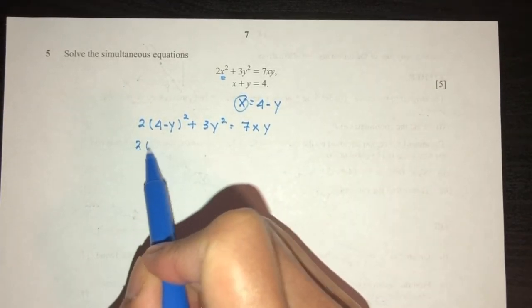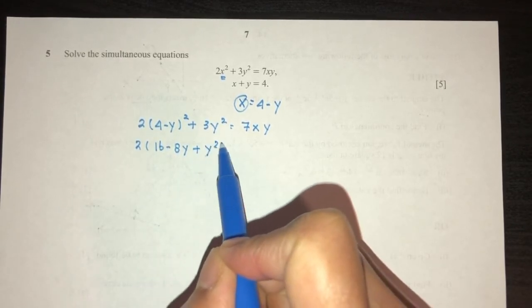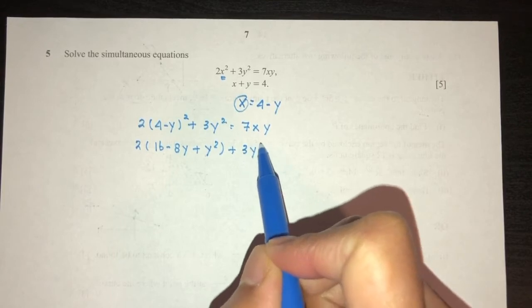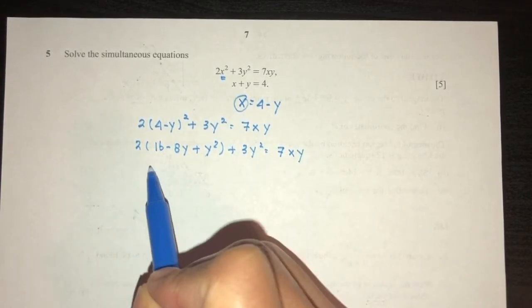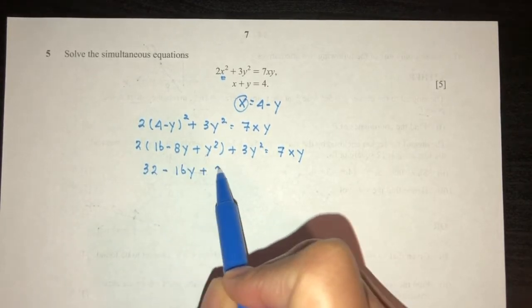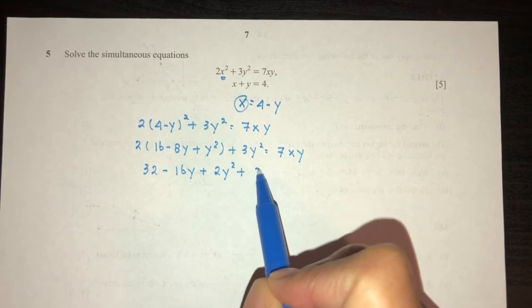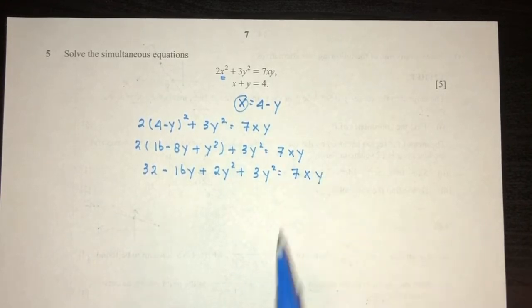Expand, you will have 2 times (16 minus 8y plus y square) plus 3y square is equal to 7xy. So 2 times 16 will be 32 minus 16y plus 2y square plus 3y square equal to 7xy.